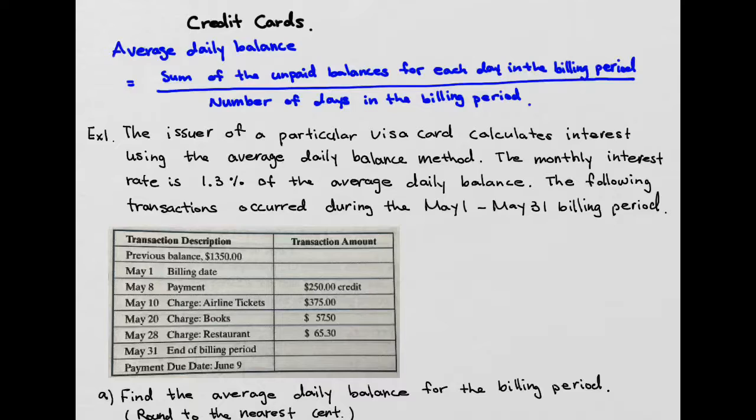This example we have is the credit card, and it shows that it's the average daily balance method. And the monthly interest rate is going to be 1.3%.